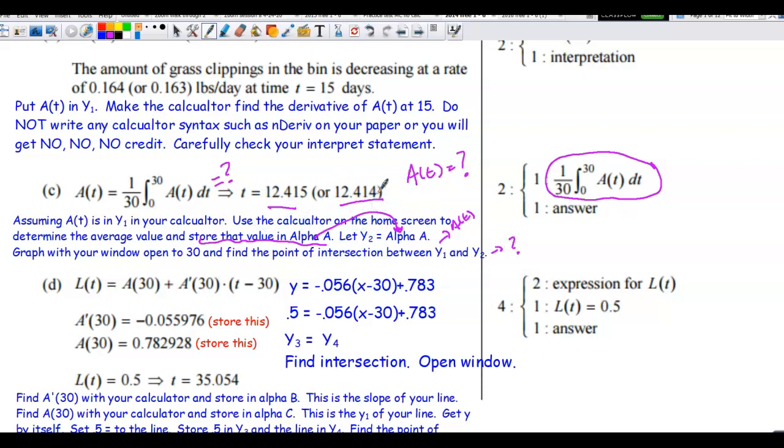Do not round that number to 12 days unless they tell you in the prompt to round to the nearest whole number.